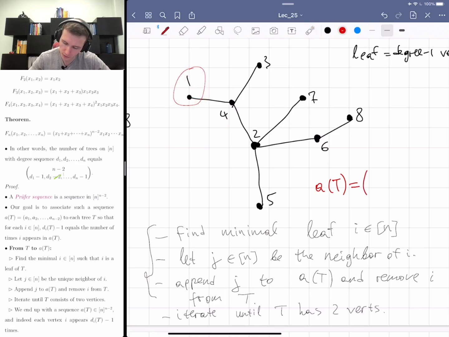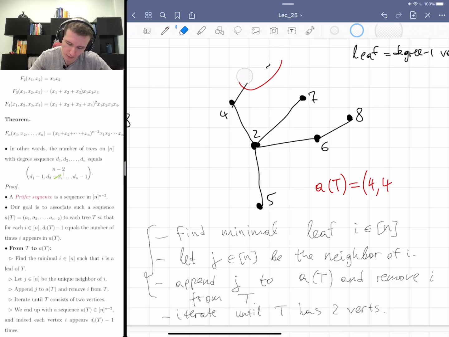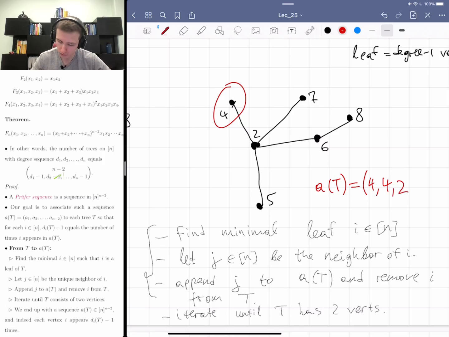So A of T starts with 4, and then I remove 1 from T. Now I have a new tree, and the minimal leaf is 3. 3 is connected to 4, so I remove 3 from my tree. Now the smallest leaf is 4, which is connected to 2. So I record 2, and I remove 4 from my tree.